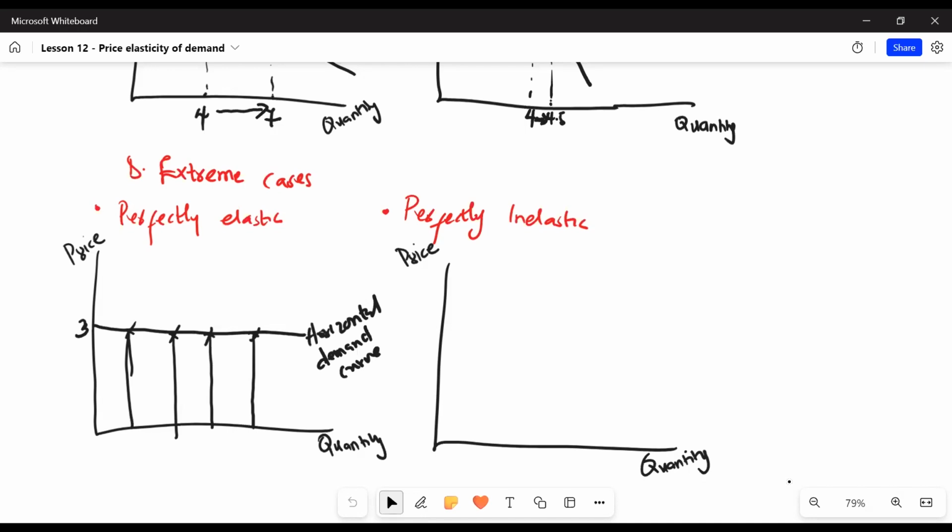Now the next case is perfectly inelastic demand. Perfectly inelastic demand means that no matter what the change in price is, the total quantity demanded remains unchanged. So in this case, price elasticity is 0. When you draw your demand curve for perfectly inelastic demand, you have a vertical demand curve. So this is our vertical demand curve.